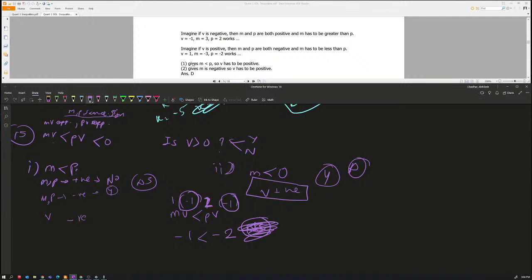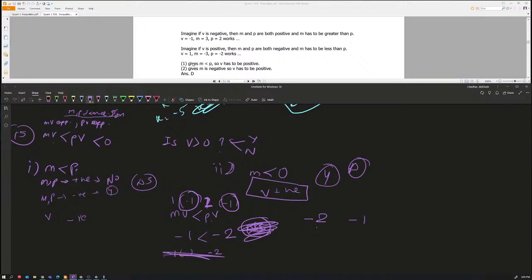What happens when this is negative? When M is negative and P is negative, this has to be positive. Basically, they have opposite signs. Wow, okay. So if they are negative and I take M less than P, M is minus 2 and P is minus 1.